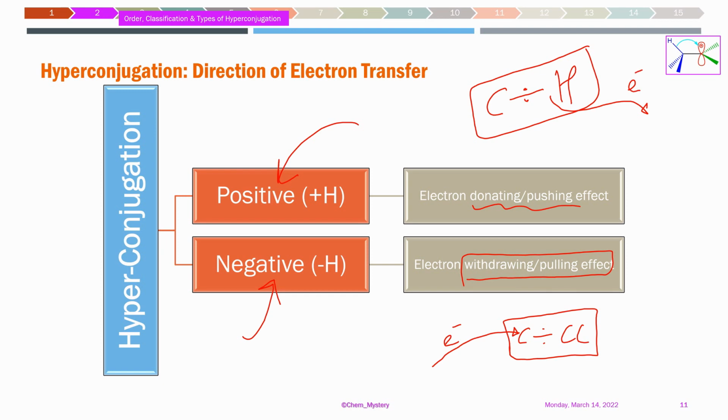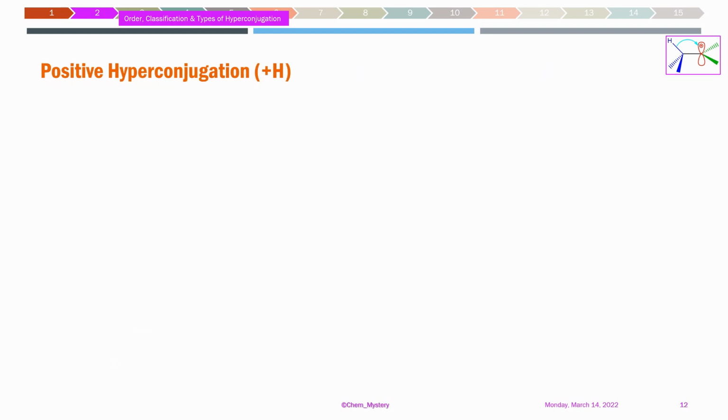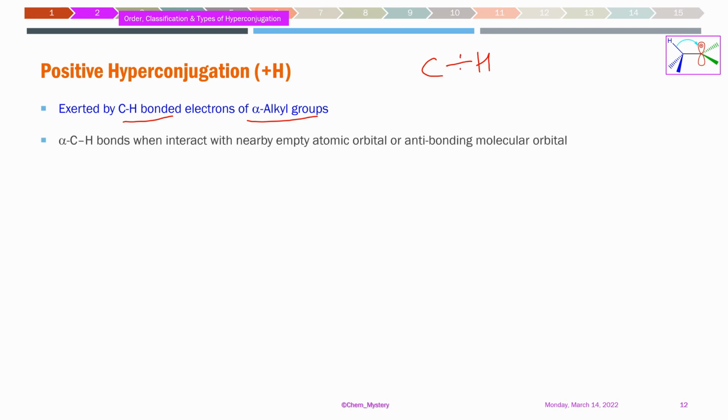We have got this kind of electron donating effect whenever present. We are calling this the positive hyperconjugation effect. Here we are showing that you have got some carbocation, and in this carbocation there is an empty orbital. Electrons from the alpha carbon hydrogen bonds are being delocalized into this orbital.